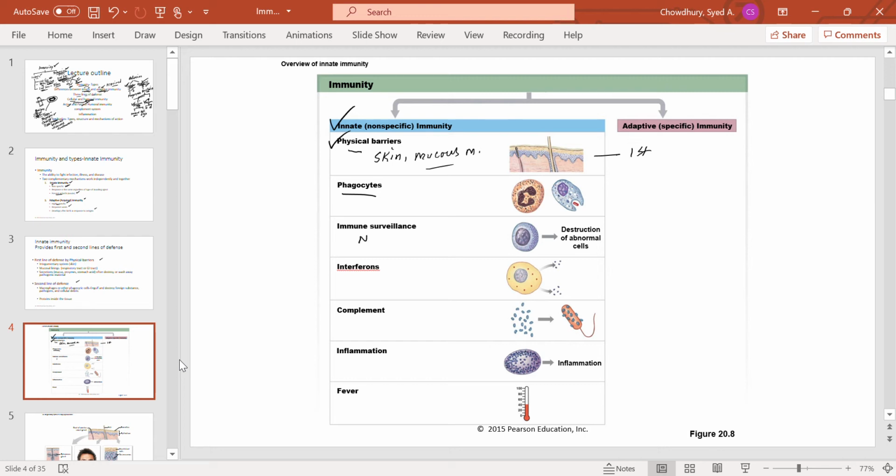Those natural killer cells, they can detect some antigens and kill them. These are present in the tissue. So tissue phagocytes, tissue natural killer cells, the protein, you remember, secreted in the tissue, chemicals, interferons, complements, cytokines, those also belong to second line. So all these belong to second line of defense, okay, and this one is the first line of defense.